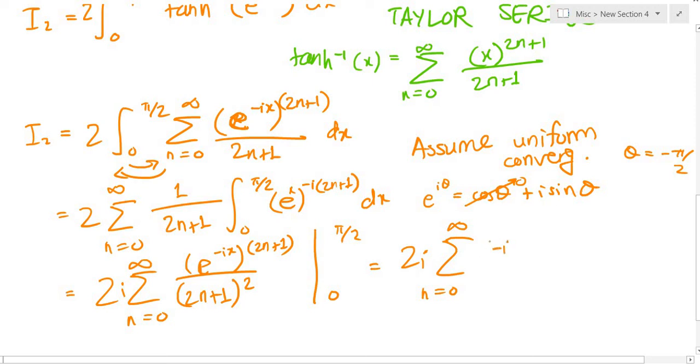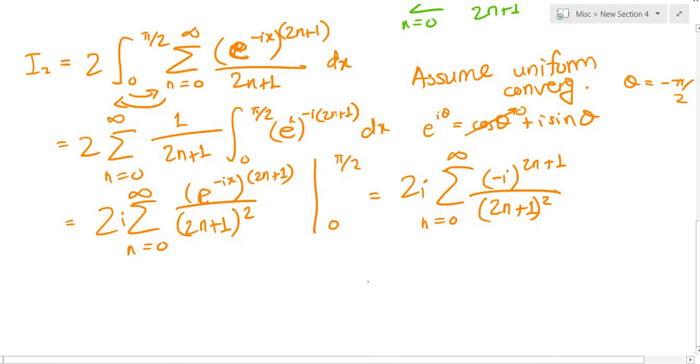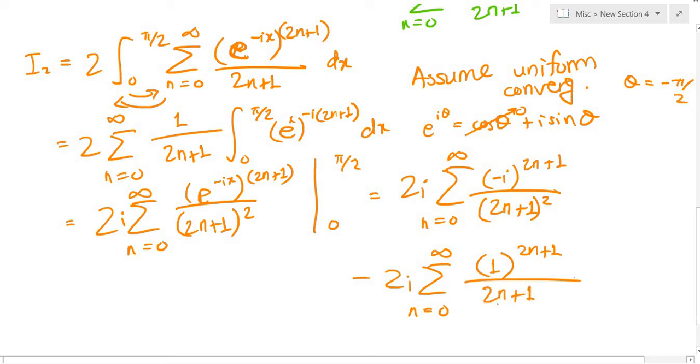So negative i raised to 2n plus 1, divided by 2n plus 1, the whole thing squared, and the second term, minus 2i times the sum from n equals 0 to infinity of 1 to the 2n plus 1, because when we plug in 0 we obtain a 1, right? e raised to 0 is 1, divided by 2n plus 1, the whole thing squared.